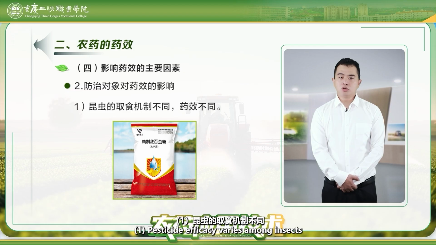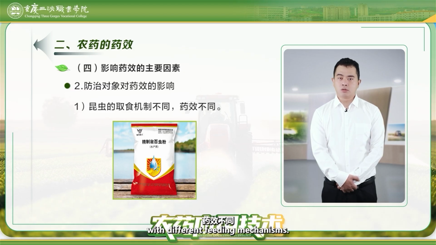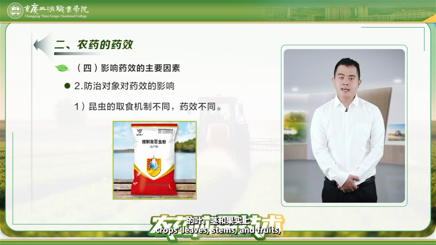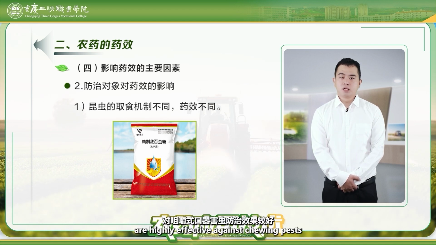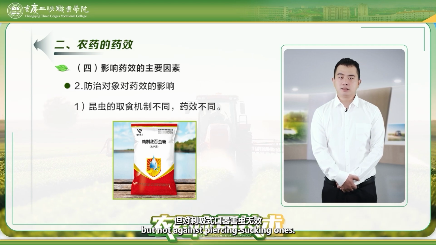Pesticide efficacy varies among insects with different feeding mechanisms. Stomach insecticides sprayed on crops, leaves, stems, and fruits, or scattered as toxic baits across the field, are highly effective against chewing pests, but not against piercing, sucking ones.